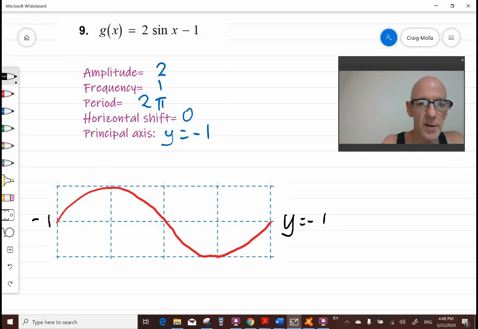We know that the amplitude's 2, so from -1 we go down 2 to -3. We go up 2 from -1 to be +1. There's no horizontal shift, period 2 pi, and so our significant values on the x-axis are pi, pi on 2, 3 pi on 2.